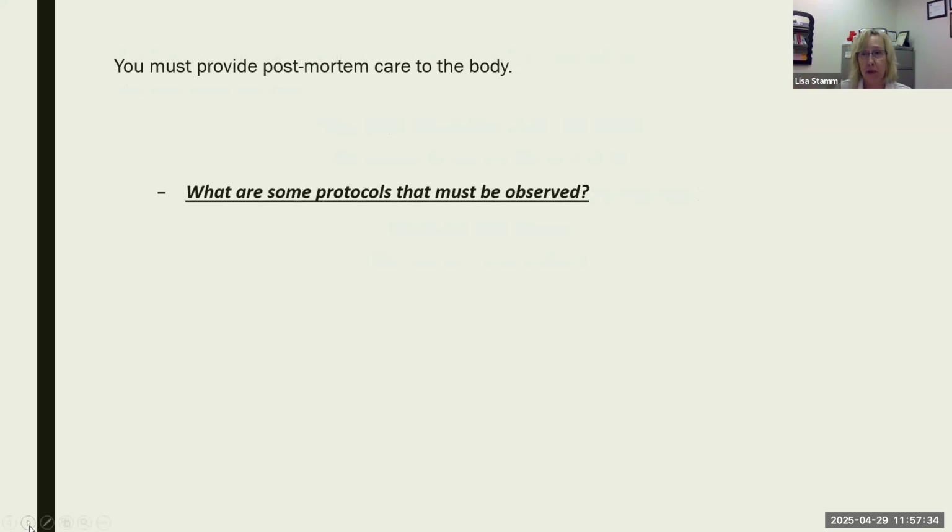You must provide postmortem care to the body. What are some protocols that must be observed when you're providing postmortem? Yes, treat them with respect. You treat them just like they're alive.